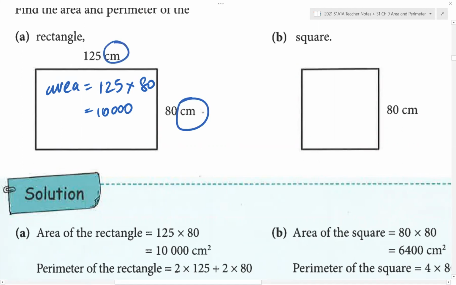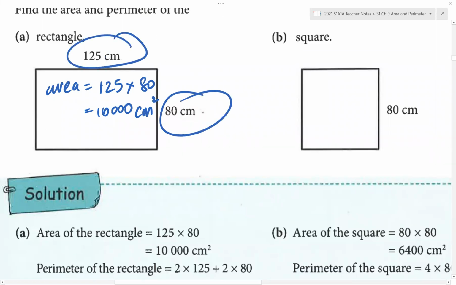So if you have x times x, you get x squared. You have a times a, you get a squared. You have cm times cm, you get square cm. Or cm to the power of 2, cm squared, whatever. But basically, you write cm squared. So that is how we use the units of the length to help us decide what is the unit for the area.